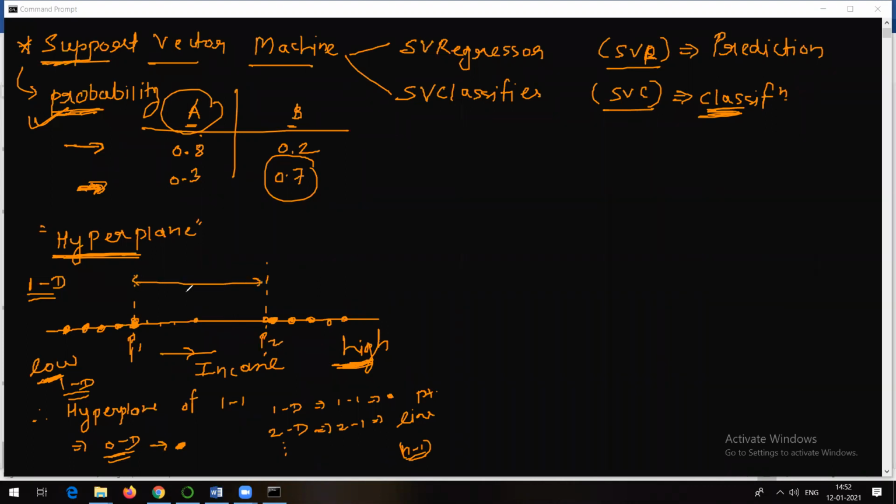So the goal is to come up with a point in such a way that it maximizes the distance. This distance D should be as maximum as possible from this group and this group respectively.